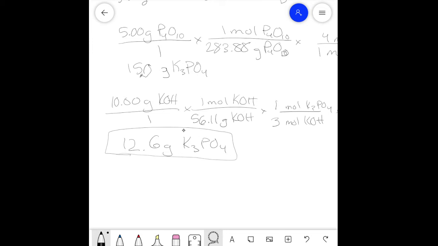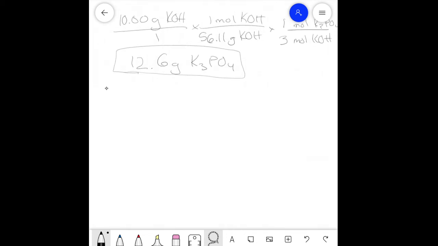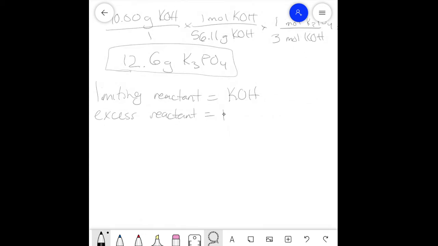And we know that potassium hydroxide is going to run out first because it produced the smaller answer. So if it asks which one is the limiting reactant, it is potassium hydroxide, and then the excess reactant is phosphorus oxide.